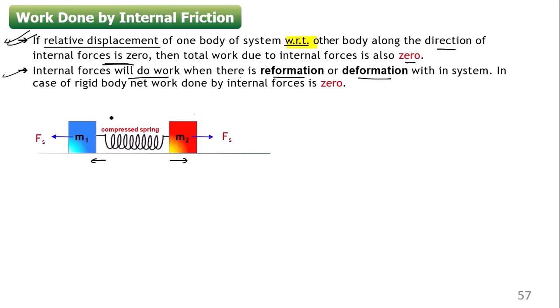Internal force cannot come automatically inside the block. In order to get the internal force, you have to apply some kind of external force. Now, whenever there is a deformation or reformation within the system, meaning a body is being deformed, or if the body is in the deformed situation, then it tries to go back. In both of these situations, internal force will do work.